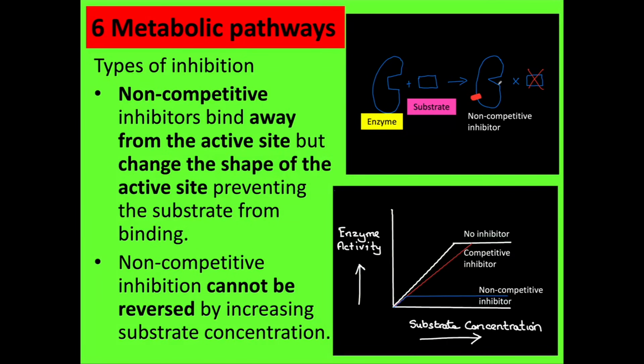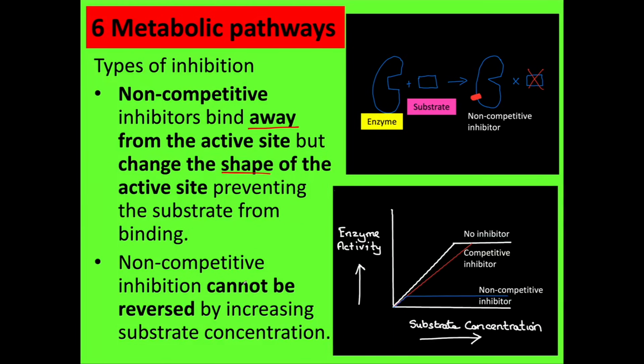And what that means is the substrate is not directly competing with the inhibitor, but because of the inhibitor's action, the substrate can no longer bind to the active site because the shape has been changed. So a non-competitive inhibitor binds away from the active site, and it changes the shape of the active site, which prevents the substrate from binding.